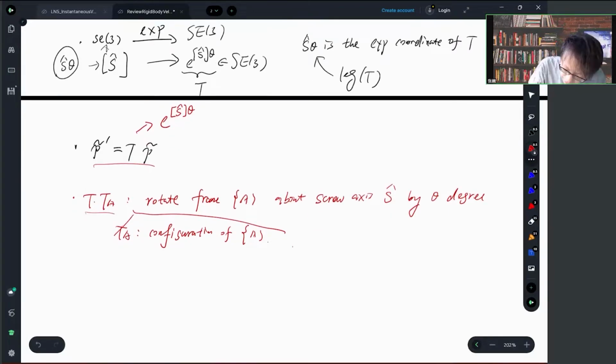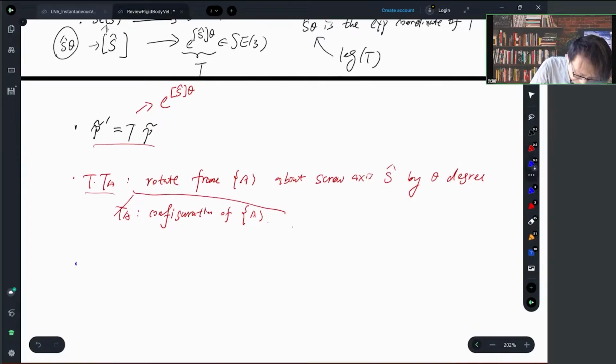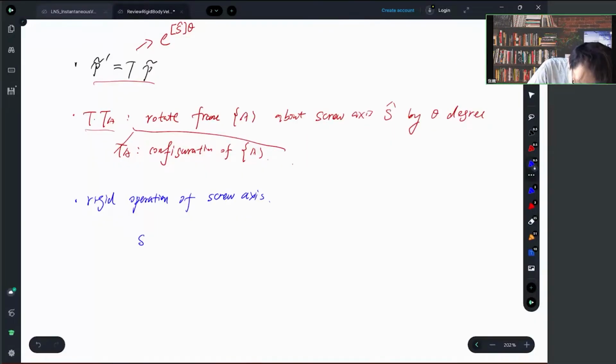And not only that, we also derived the rigid operation of a screw axis. Now suppose I have a screw axis S1.